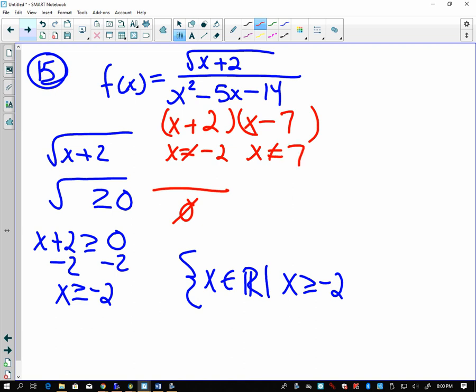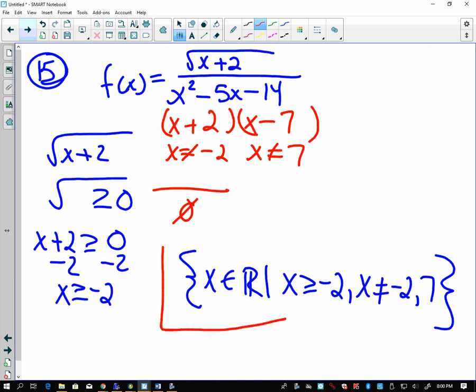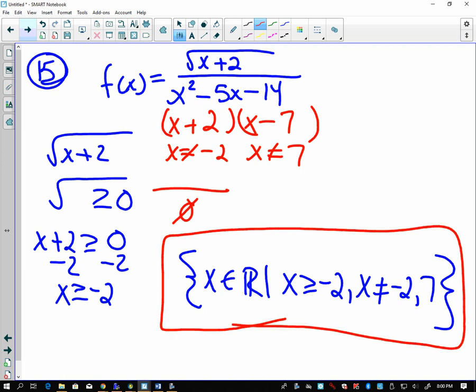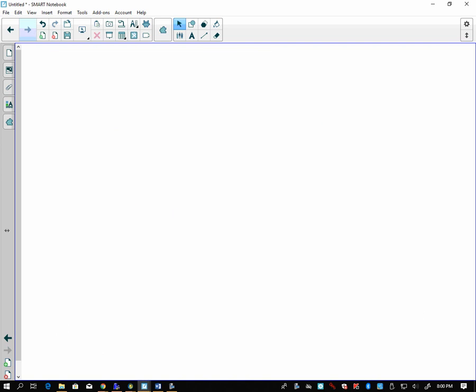And because both of those numbers are either equal to or greater than -2, we have to include them both. Cannot be -2 or 7. Okay? So this is what we are looking for. Okay, 16.